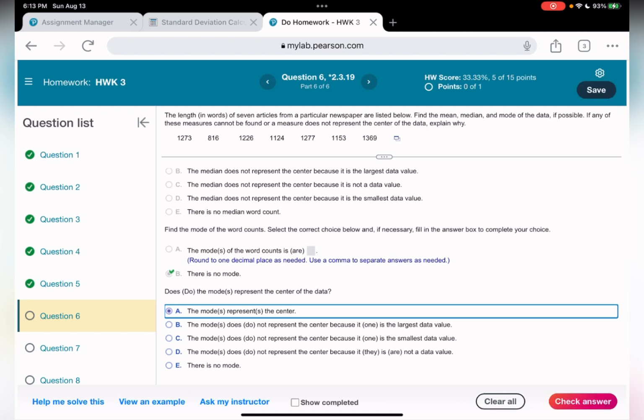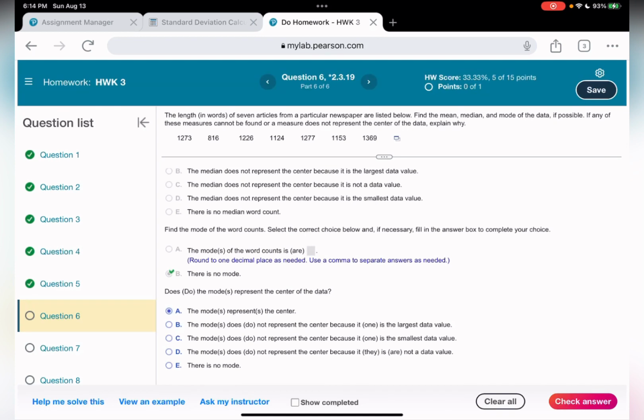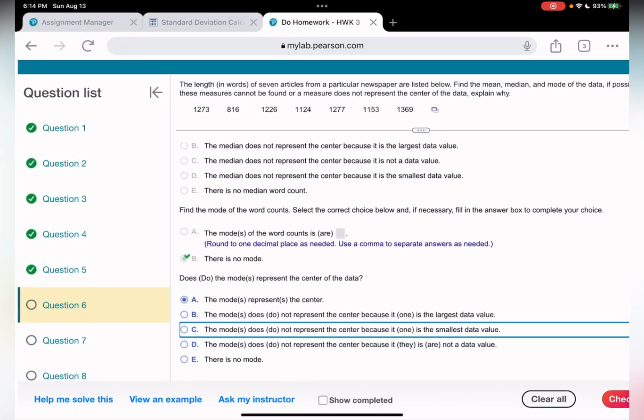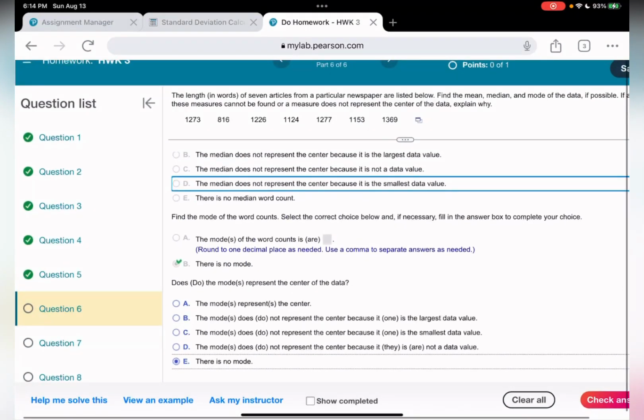Mode, median, and mean represent the central tendency of the data values. Does the mode represent the center of the data? Maybe they are asking for this case. Okay. In this case, I would say there is no mode. But in general, yes. For this case, otherwise, there is no mode. Okay.